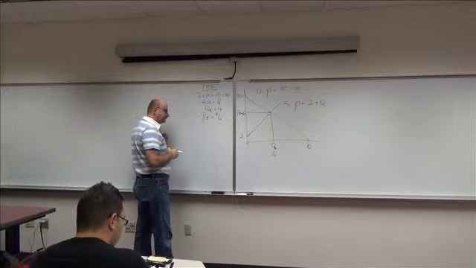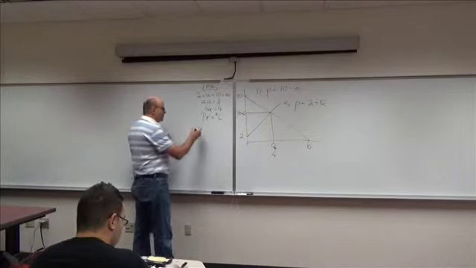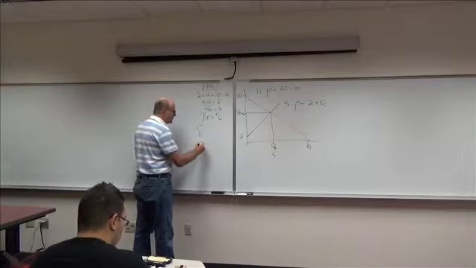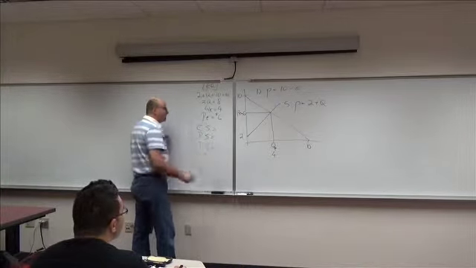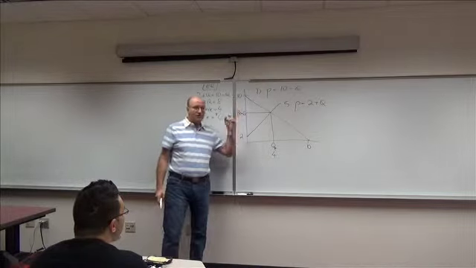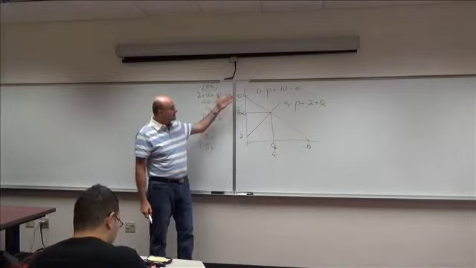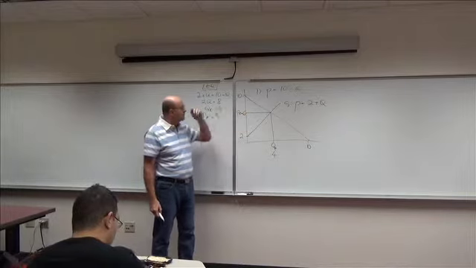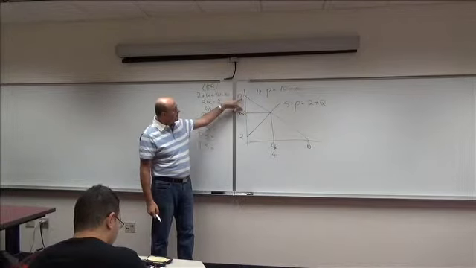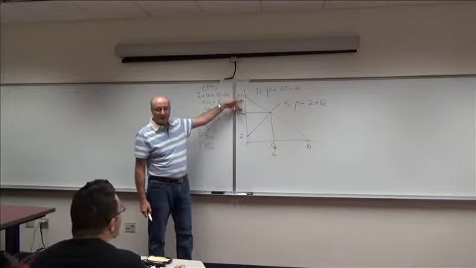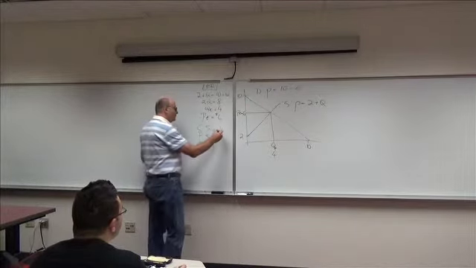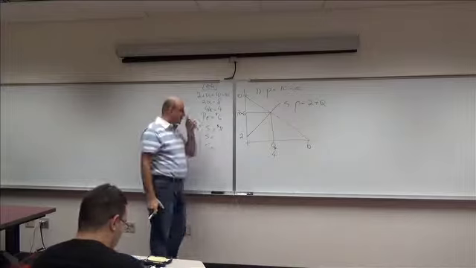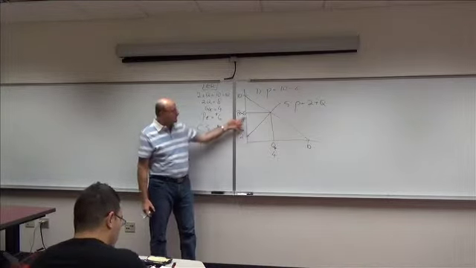Now, let's find consumer, producer, and total surpluses in equilibrium. You measure consumer surplus by the size of the area of the top triangle. How tall is it? 4. 4 times 4 divided by 2. Producer surplus, area of the bottom triangle.